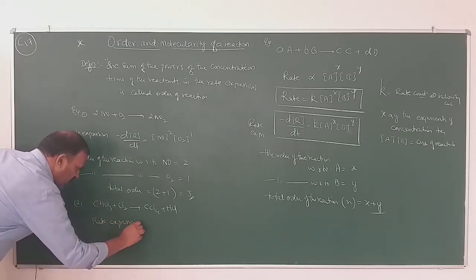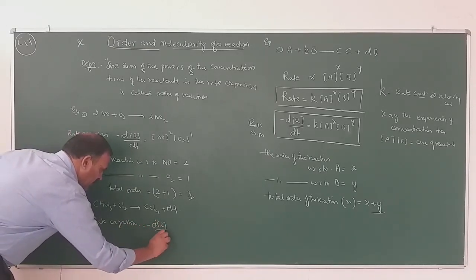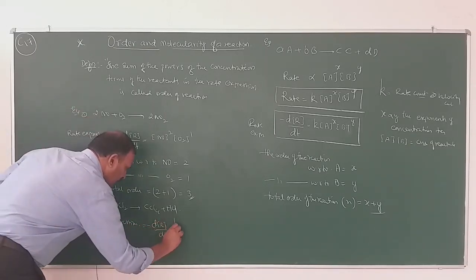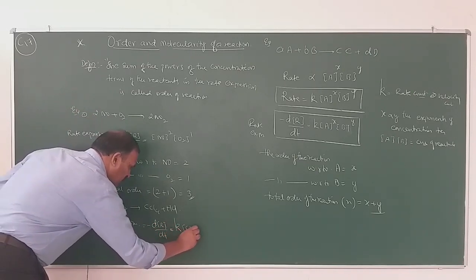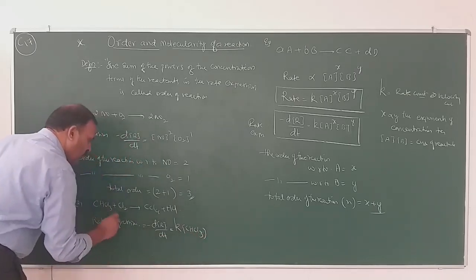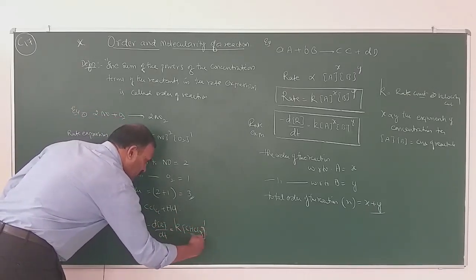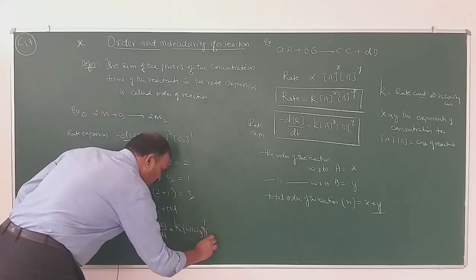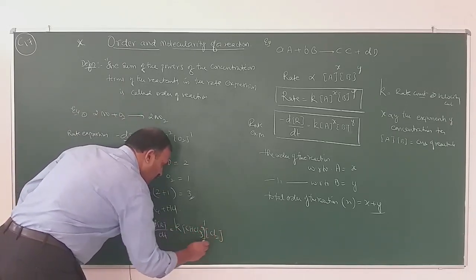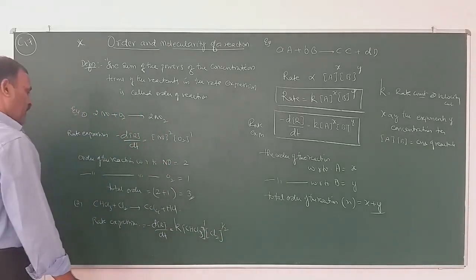Rate expression equals minus dr divided by dt is equal to rate constant into concentration of CHCl3, this is chloroform, to the power of 1. So these powers, as I have told you, are determined by experiment. Concentration of Cl2 to the power of half.